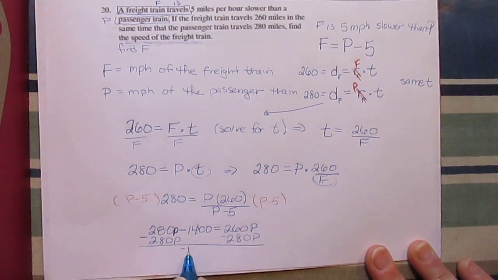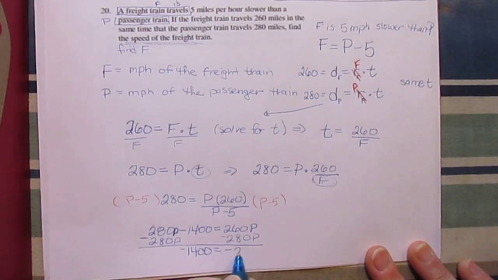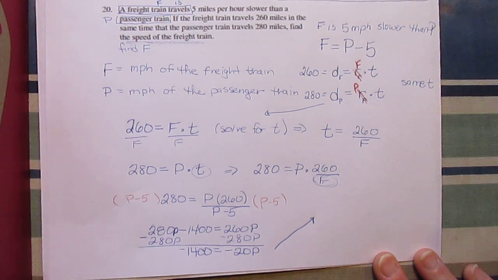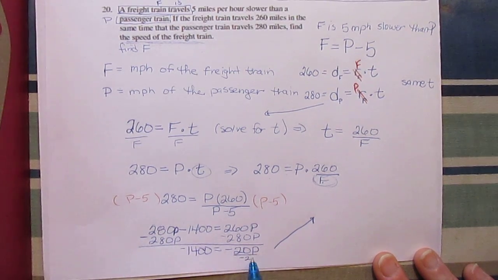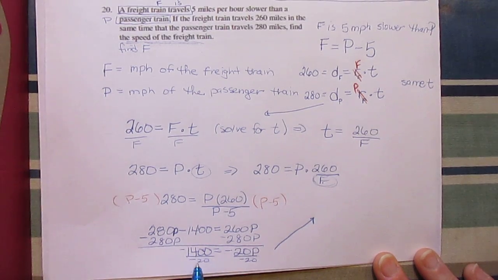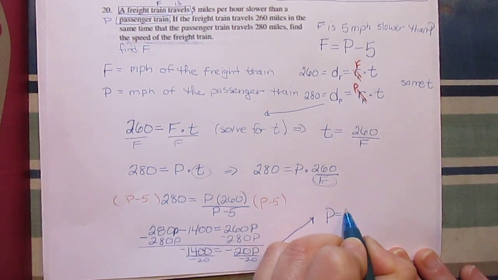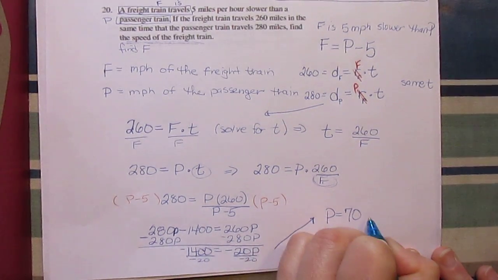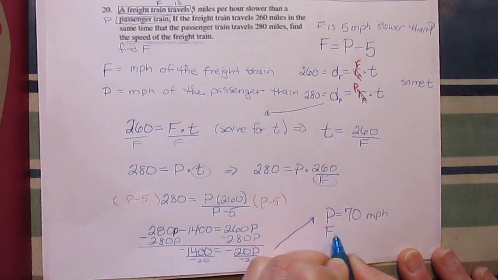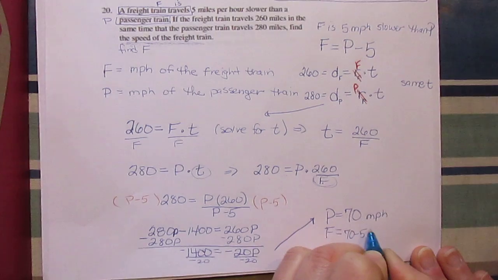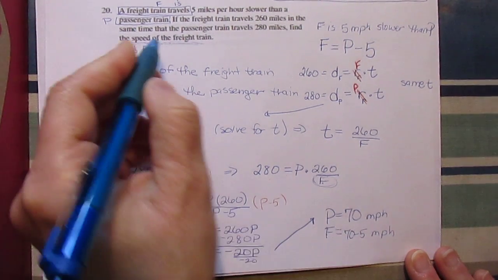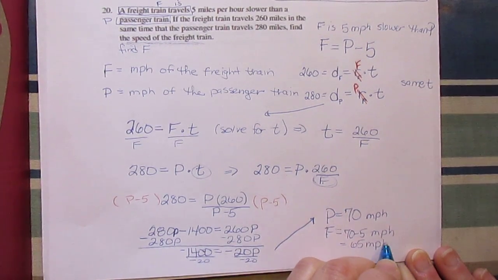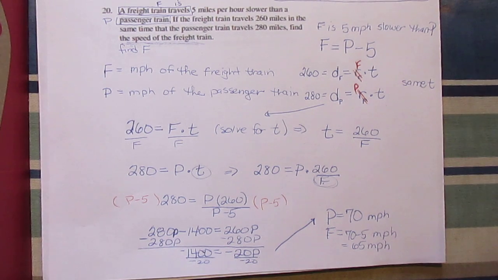And we get negative 1400 equals negative 20p, which means divide by negative 20. P equals 70. If P equals 70 miles per hour, F equals 70 minus 5 miles per hour. And that's what I was looking for. I was looking for F. So that is 65. And I just need to do a final statement.